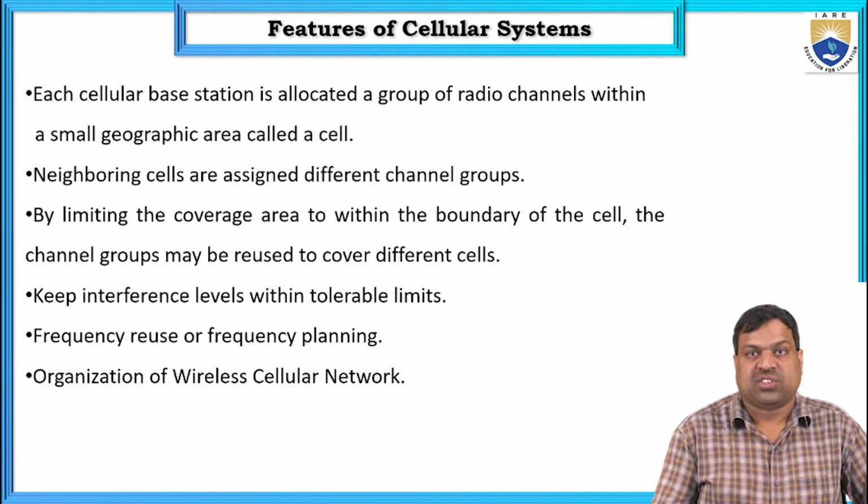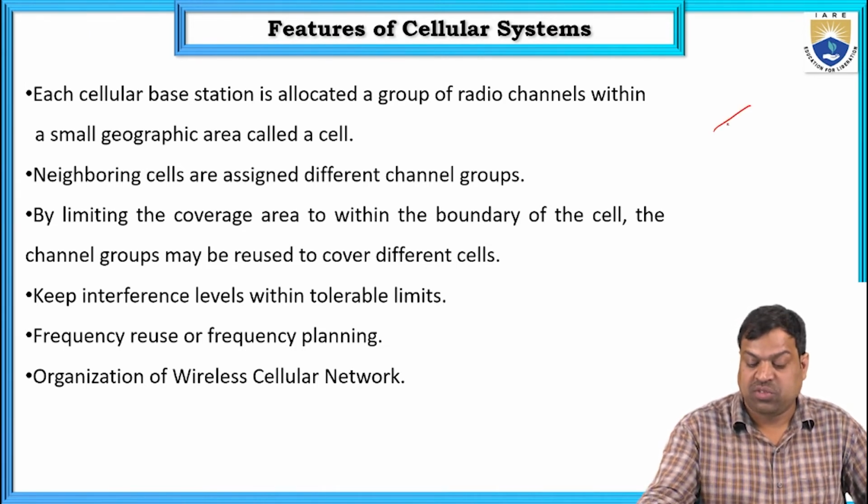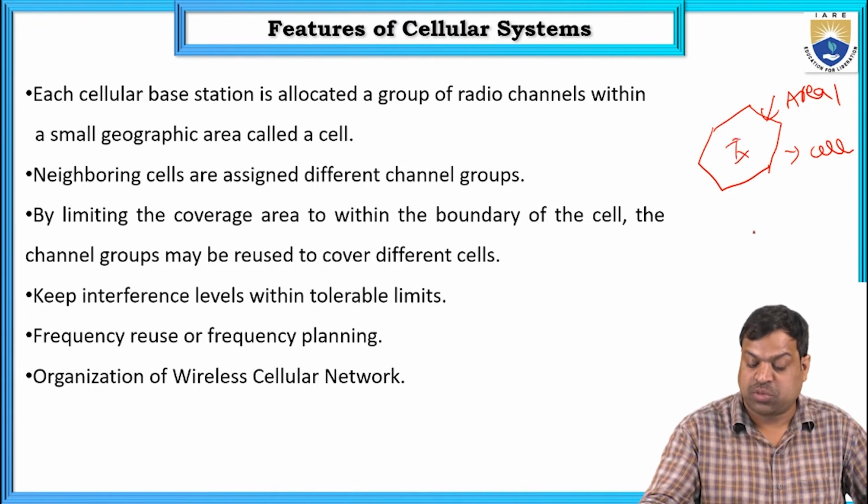Another feature: each cellular base station is allocated a group of radio channels within a small geographic area called a cell. So previously we saw it is one cell. I am taking it as area one. This is a transmitter, for example.